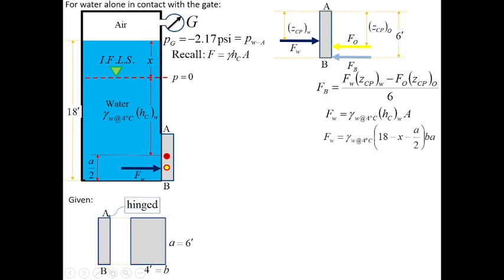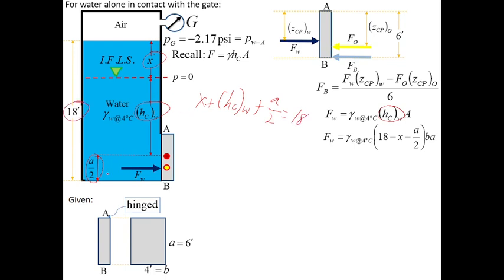So next, we can now determine HCW. Take note that if we sum the three, x plus HCW plus A over 2, the sum will become 18 feet, right?